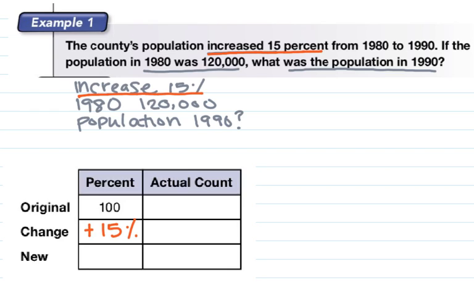Increase means it was a positive change. It went up 15%. In 1980, it was 120,000. That's important information. That was our original number.